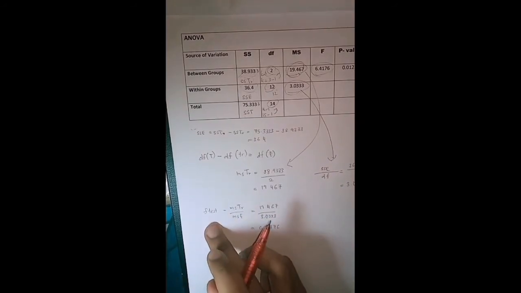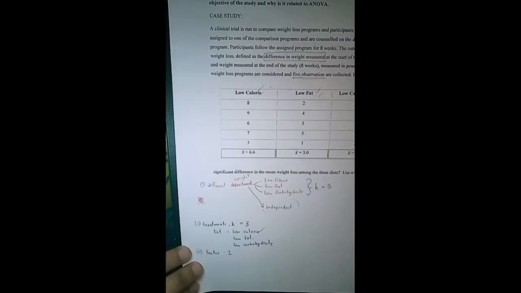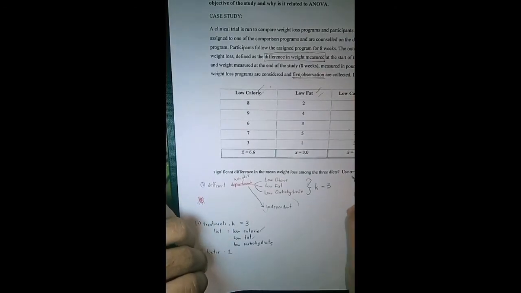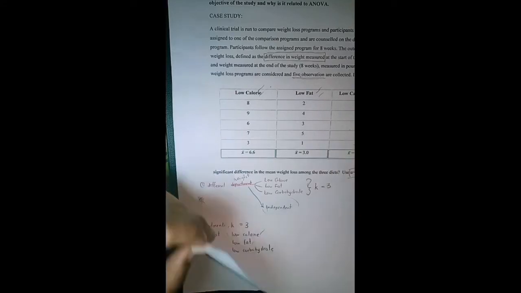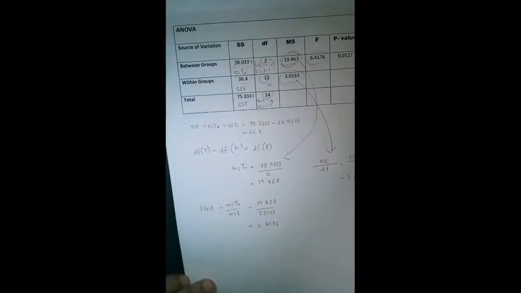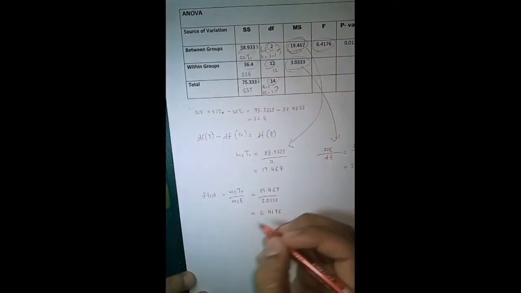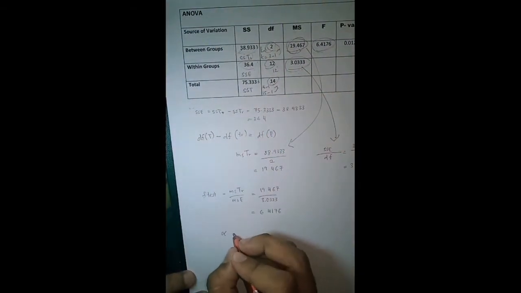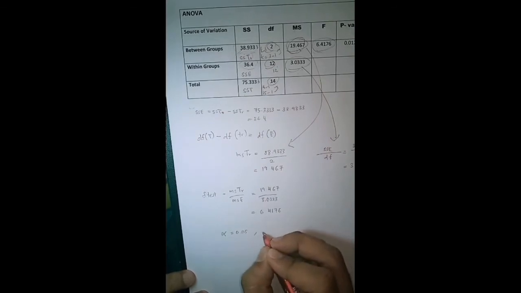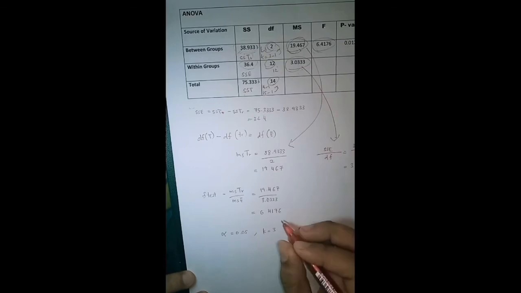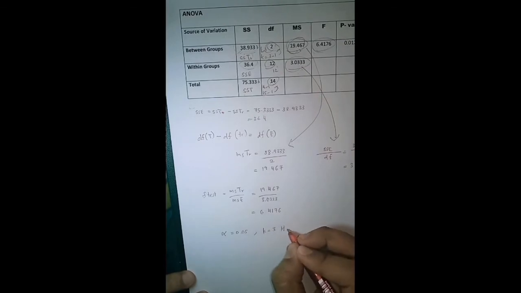Okay, look at the back. The alpha is 0.05, and k equals 3, which means mu 1, mu 2, and mu 3.